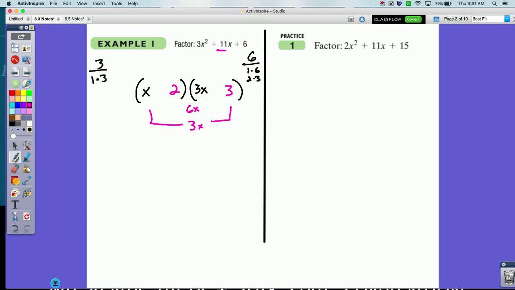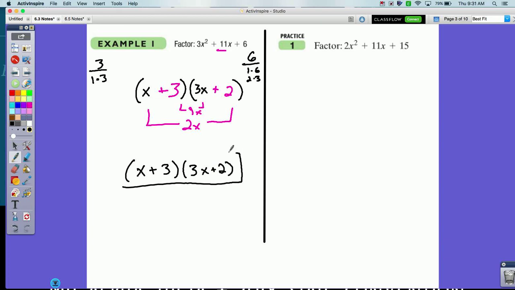But since the x and 3x were different, I can go through here and switch the 2 and the 3. Let me try the 3 here and the 2 here. If I do that, the outside gives me 2x, and the inside gives me 9x, and those do add up to give me 11x if I put a plus and a plus. So your answer here is x plus 3 times 3x plus 2.